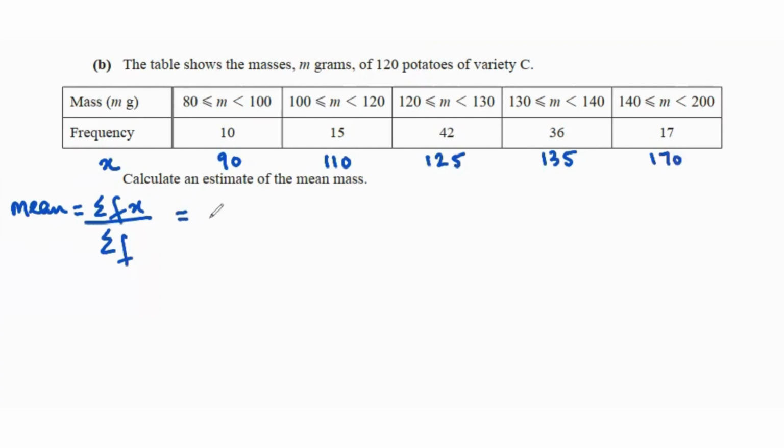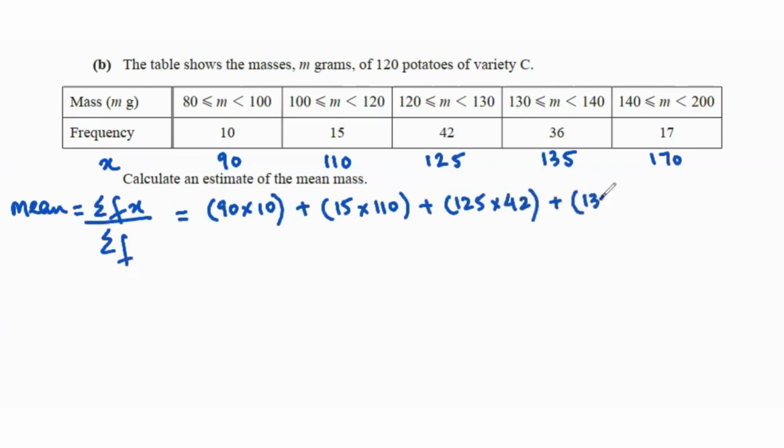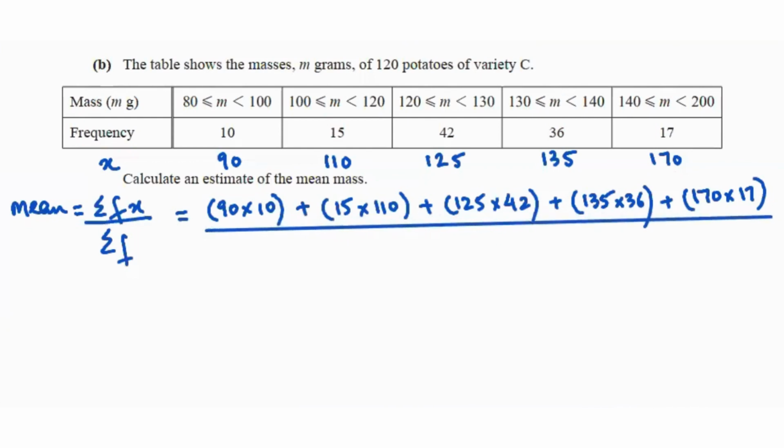So we're going to do 90 times 10 plus 15 times 110 plus 125 times 42 plus 135 times 36 and plus 170 times 17. And all of this is going to be divided by the total frequency, which is given to us as 120.